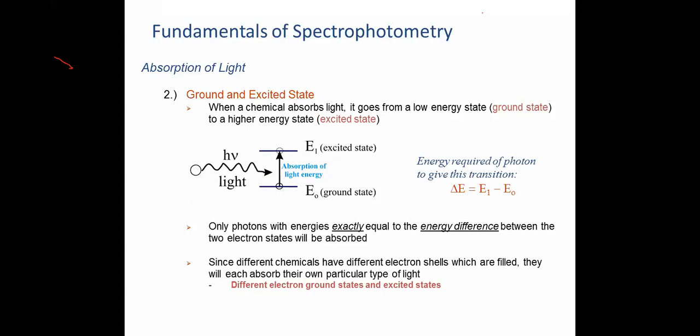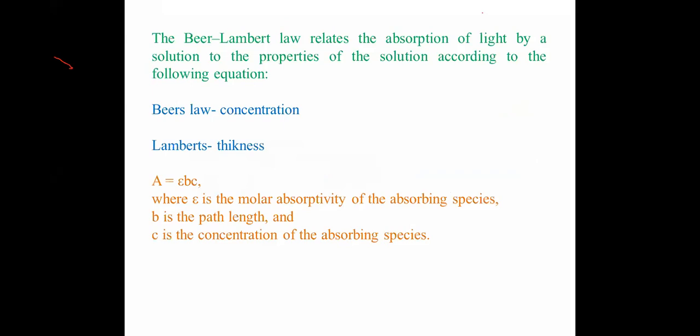So delta E is equal to E1 minus E0. So likewise we can express the ground state as well as the excited state, and the energy difference. So mainly this energy absorption, again it's basic, is that of Lambert's and Beer's law.